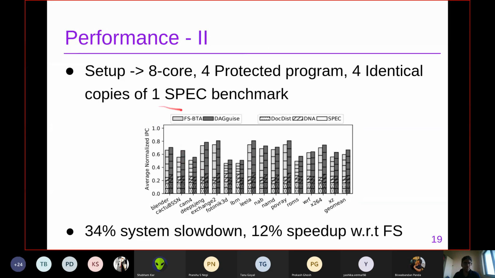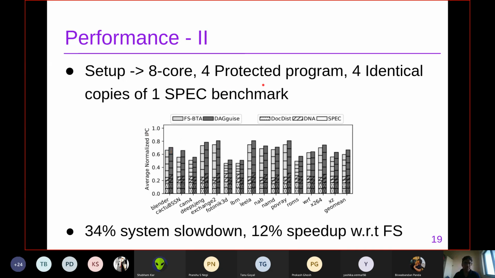In the second experiment, we'll see how it scales with more processes, protected as well as unprotected, and with more cores.